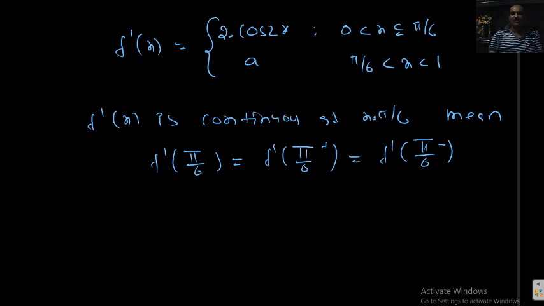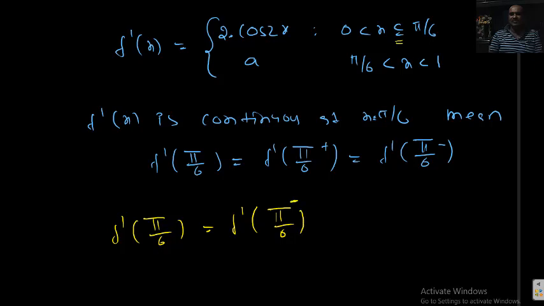Okay, so directly I want to find f dash of pi by 6, equal to f dash of pi by 6 minus, that is equal to 2 into cos 2 into pi by 6, that is 2 into cos pi by 3, 60 degrees, 1 by 2, that is equal to 1.